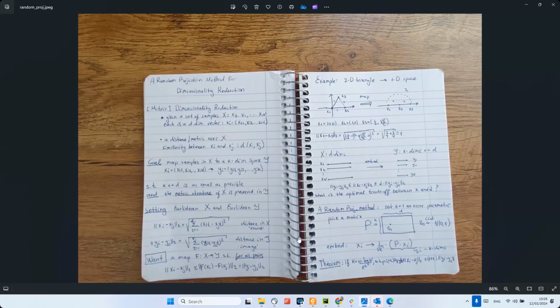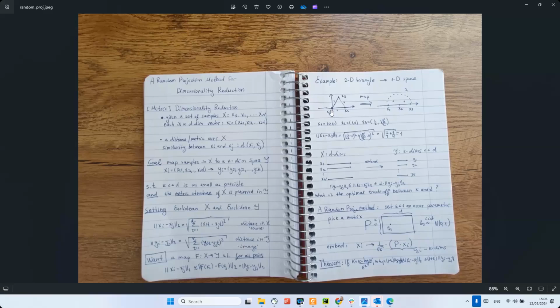So what does it mean to preserve the metric structure of X? There might be many possibilities. Sometimes we want to preserve the distances, sometimes the topology, and there are also many possibilities for choosing the distance. In this talk, I want to talk about the very basic scenario, where first of all, we set the distance function to be the Euclidean distance, both in the high dimensional space and also in the low dimensional space.